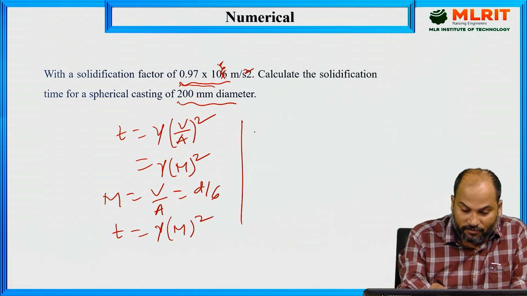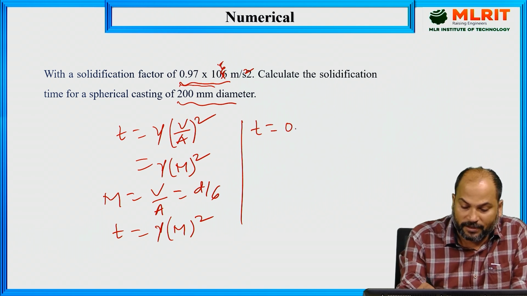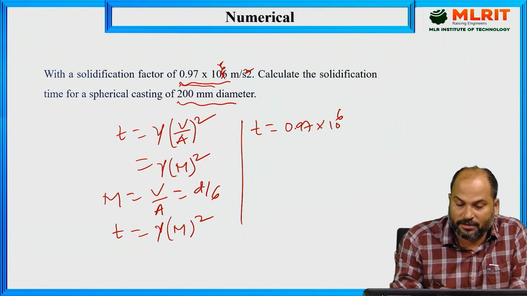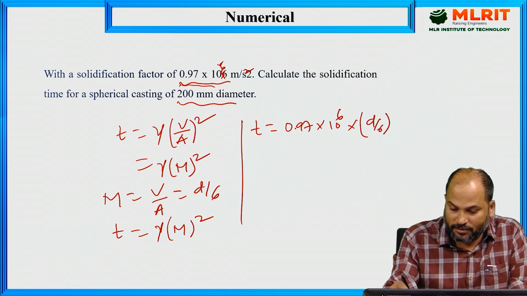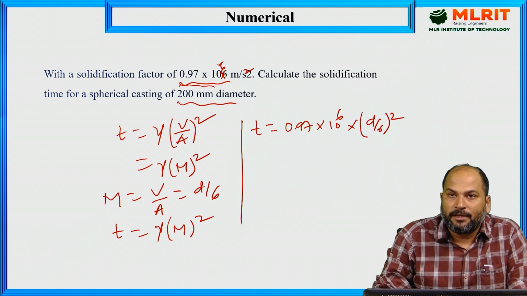So T is equal to, if we put the values, the solidification factor is given as 0.97 into 10 to the 6, and then into the modulus, d upon 6, whole square, where d is the diameter of the spherical casting.